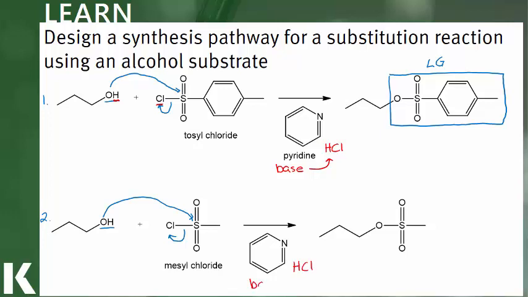We'd have our base, our pyridine, to neutralize that HCl. And in our final product, we would have this entire group as the leaving group. So tosyl and mesyl groups can be used to transform OH into a good leaving group. Now let's take a look at some practice questions.